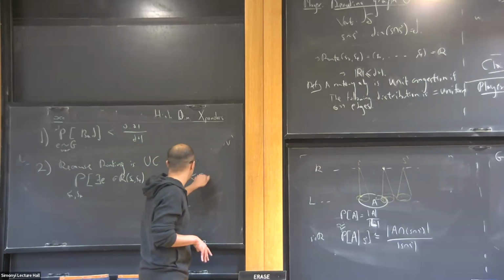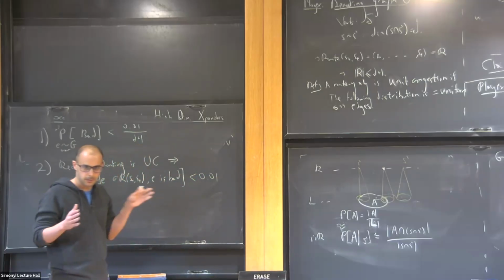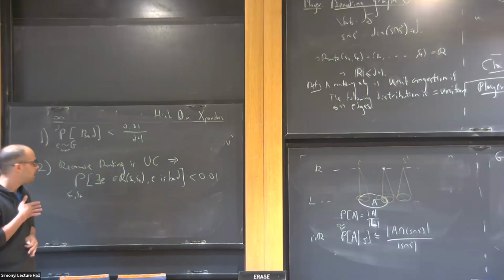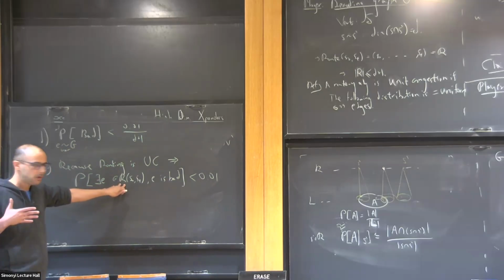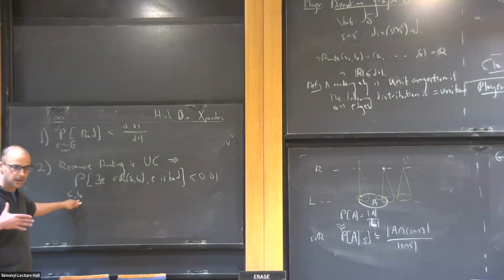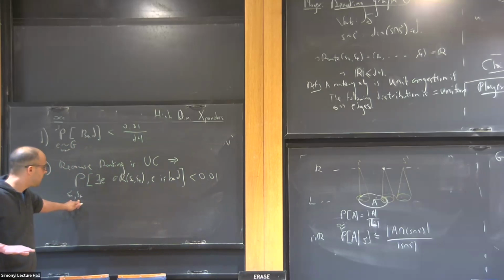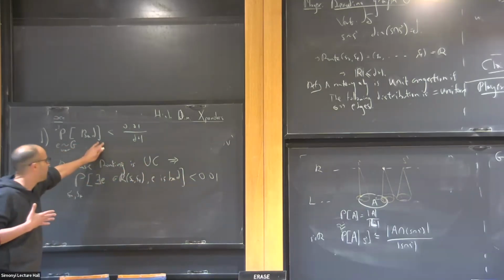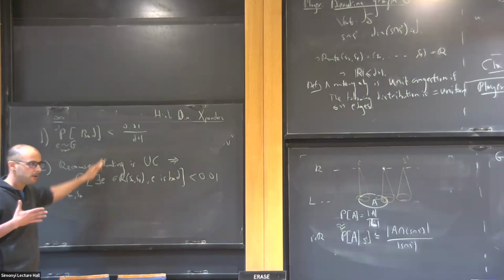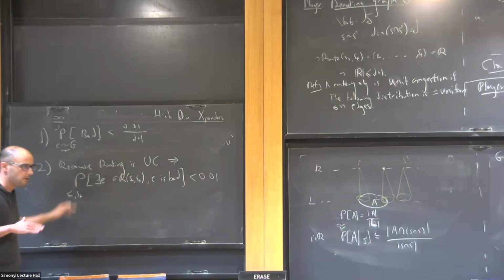How small? 0.01, something like that. The whole point here is that a uniform edge in this path, if I sample these uniformly at random, is itself a uniformly random edge. And this is unit congestion, so the probability that some edge like this is bad is also small, just because the number of bad edges is small. It's just the union bound. There is nothing here.